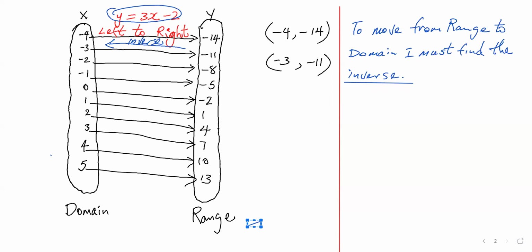So to go from x to y, Johansi, are you there? Yes, sir. How do we go from domain to range? What do we do? Jedidiah, tell him. Jedidiah.